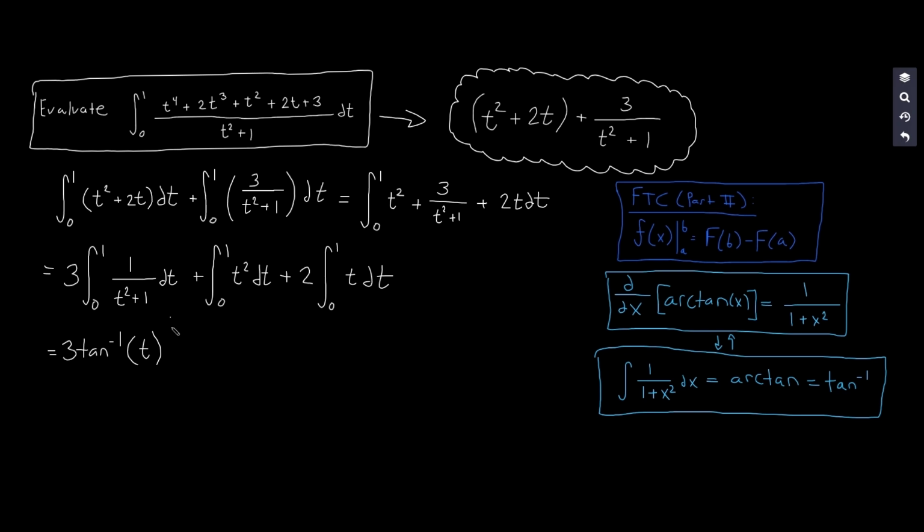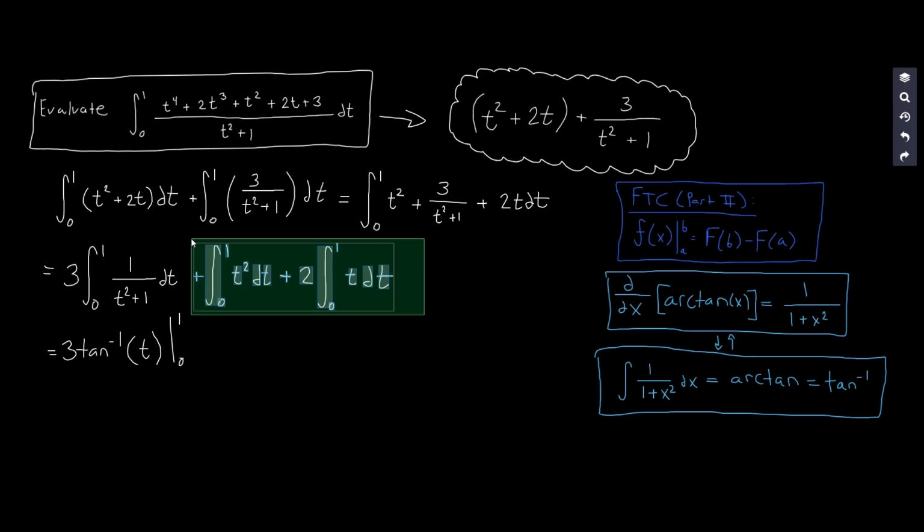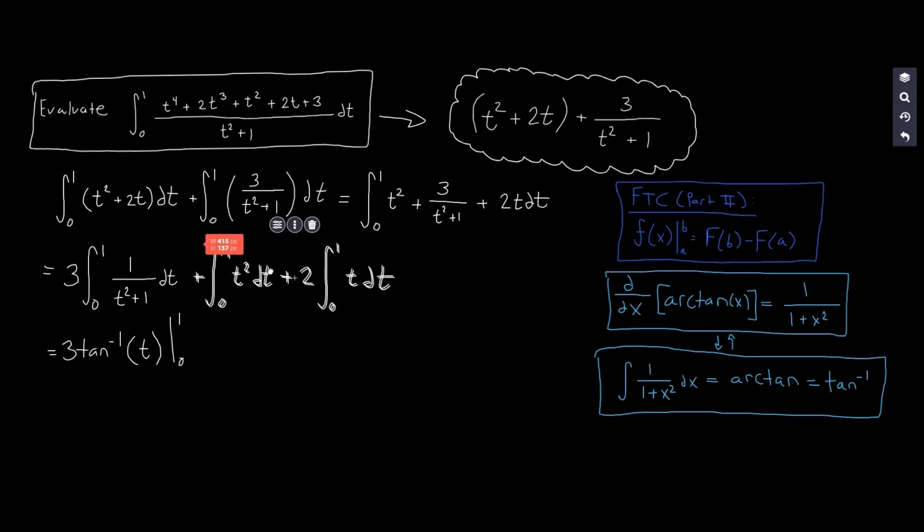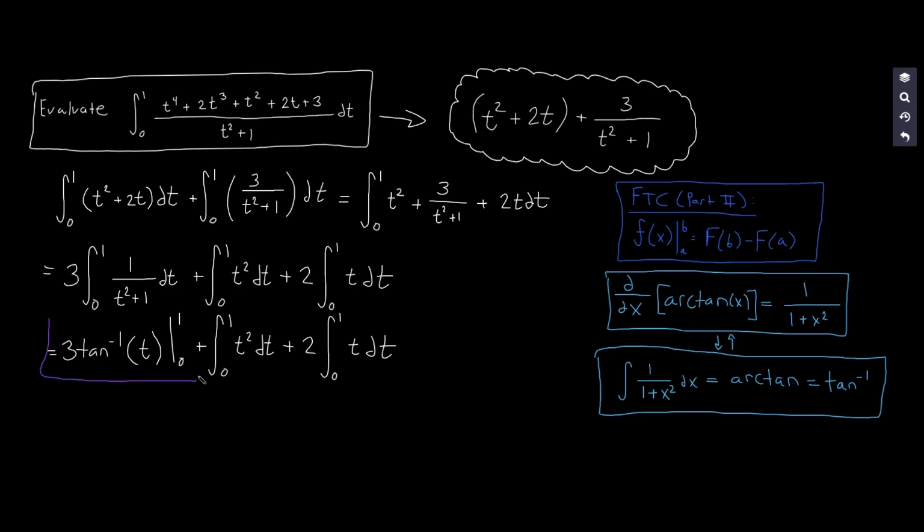of t evaluated from 0 to 1 plus everything that we had from before, which honestly, and not to be lazy, but very briefly, I'm going to give this 3 arctangent of t evaluated from 0 to 1 special attention. It's going to take precedence over these integrals because it's a little bit more complex.